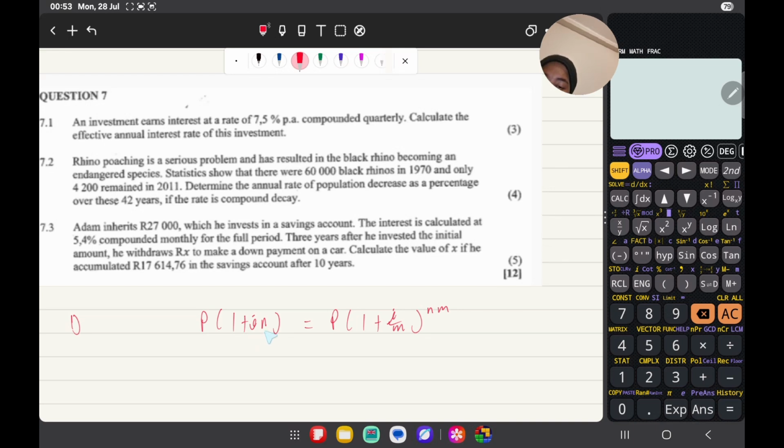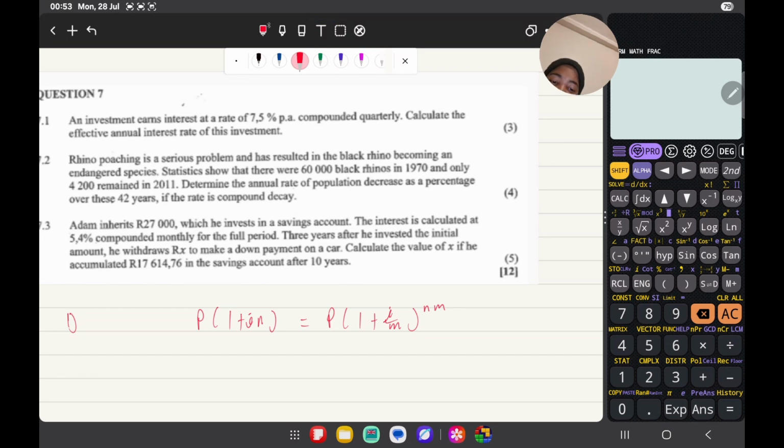So you have n being 1, so when you go down the next step, the P's are going to cancel, and n equals 1. So that means you're going to have 1 + i equals (1 + i/m) all to the power of m.